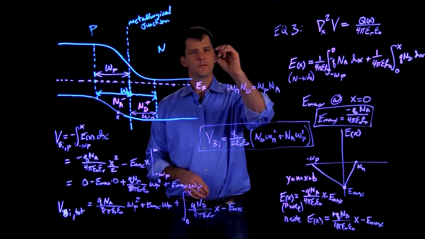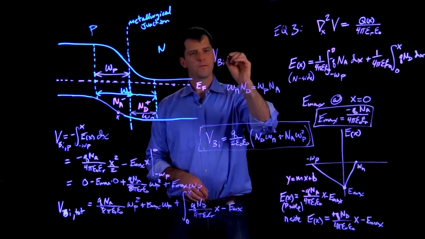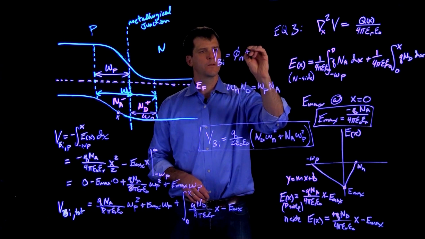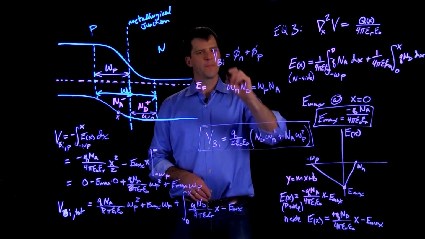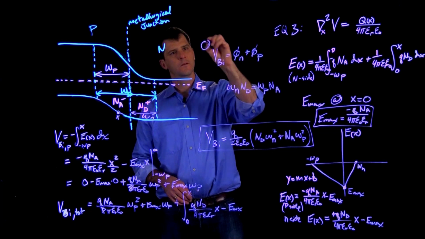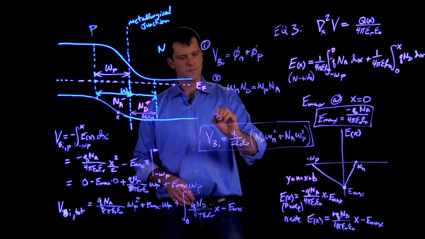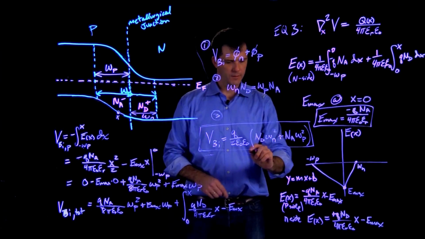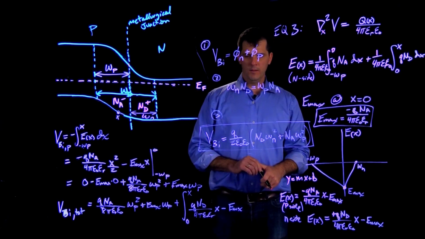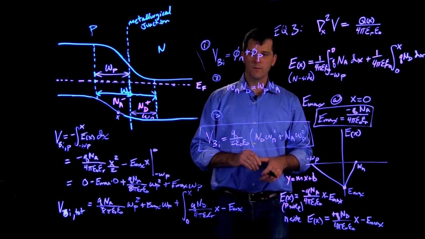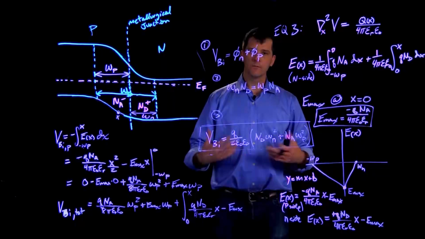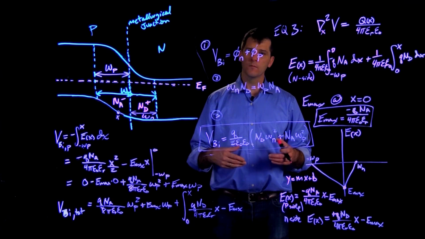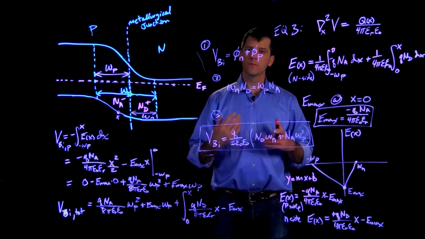And then our final equation is V built-in has to also equal phi n plus phi p. So now we're in a position where we can solve this system of equations for all the variables that we need. In the next little segment, we'll look at the expressions for the depletion width and what happens to that depletion width when you start to apply some voltage.